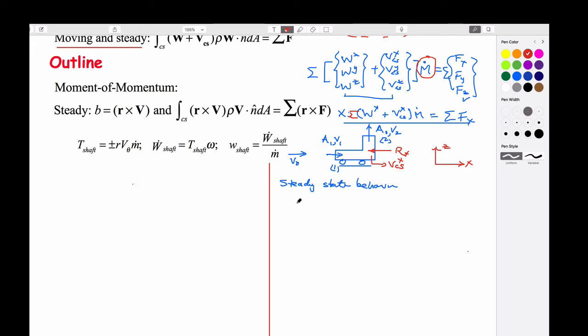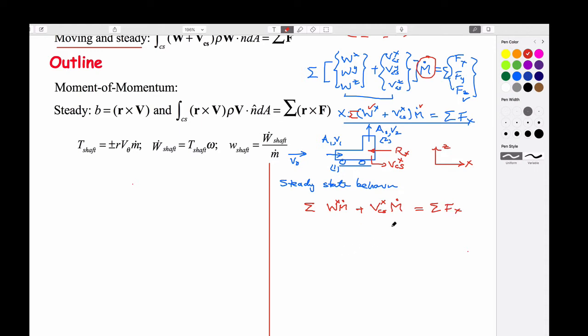Let's rewrite this expression as the sum of normal to the boundary velocity times mass flow rate in the x direction, so this term here and this term, plus velocity of the control surface in the x direction times mass flow rate. So I'm not really violating anything here. Is equal to the sum of the forces in x.